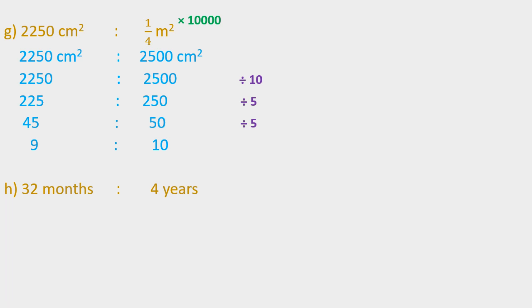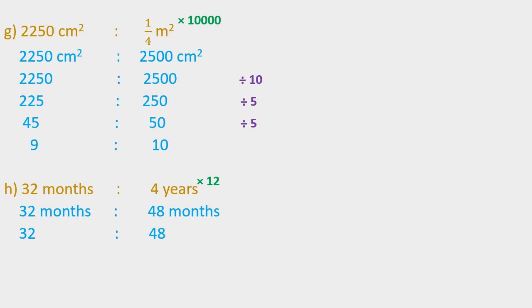Another example: 32 months to 4 years. We can convert from years to months by multiplying the years by 12, because a year has 12 months. 4 multiplied by 12 equals 48. Then we have the ratio 32 months to 48 months. 32 to 48, we ignore the units, months.